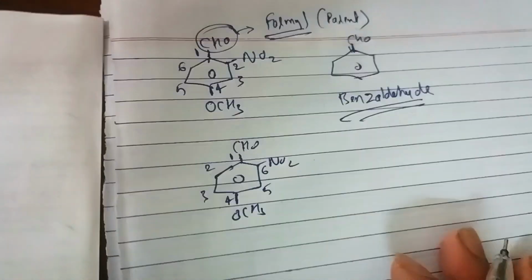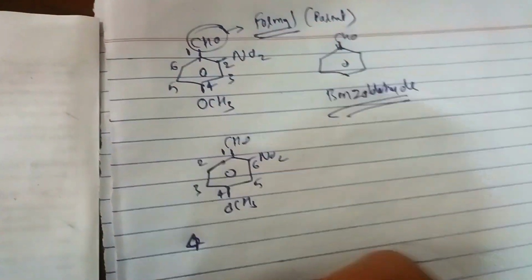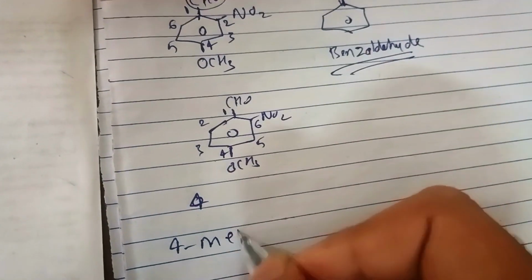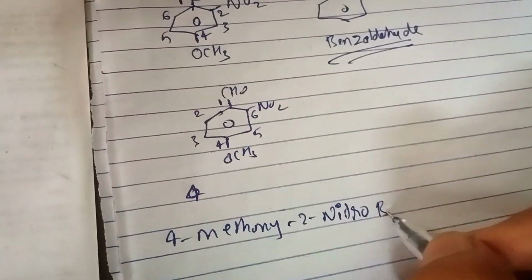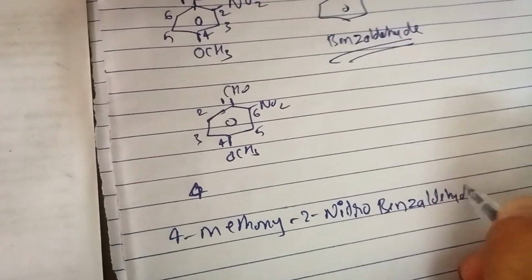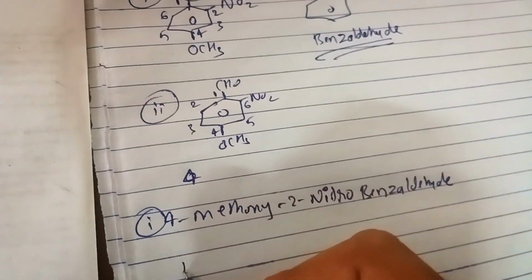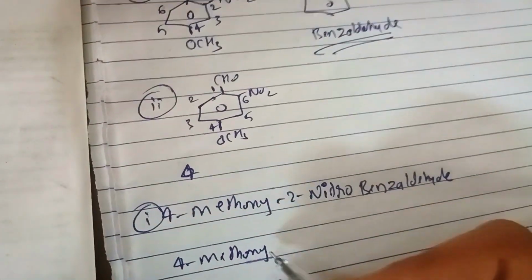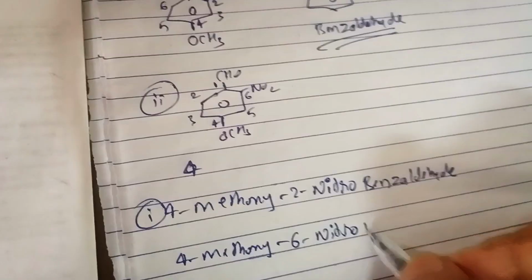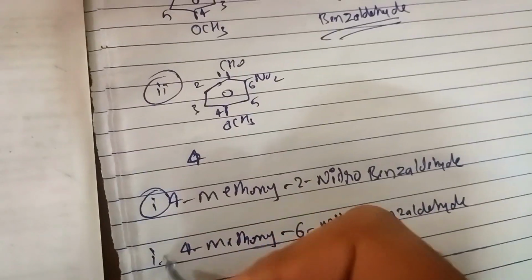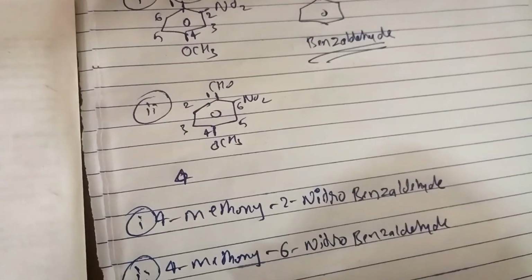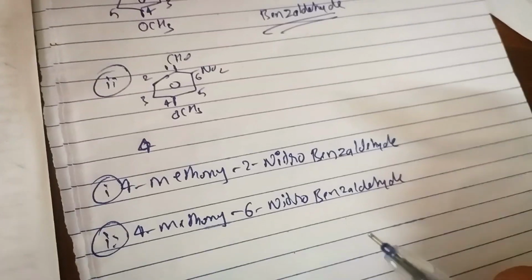So according to the first case it will be 4 methoxy, 2 nitro benzaldehyde, and according to the second case it will be 4 methoxy, 6 nitro benzaldehyde.